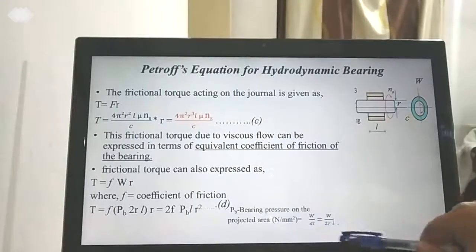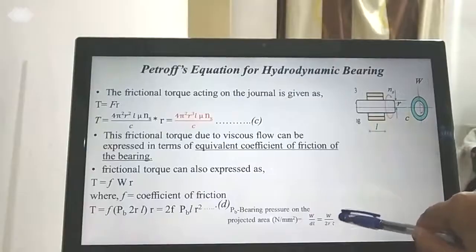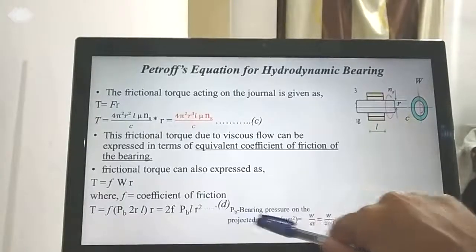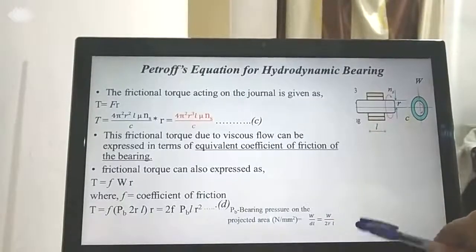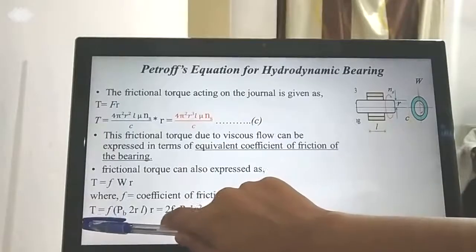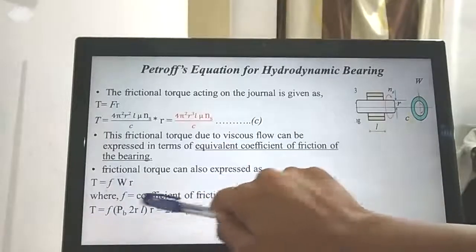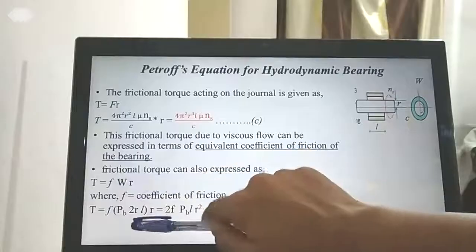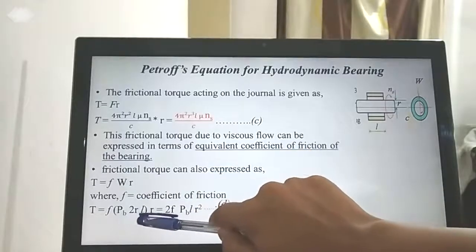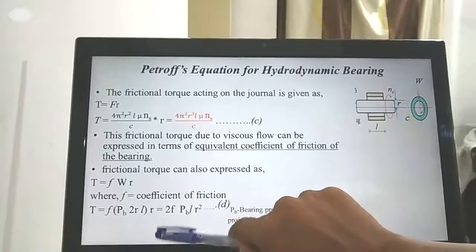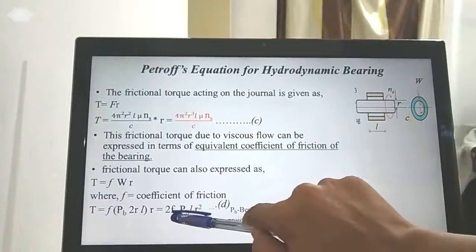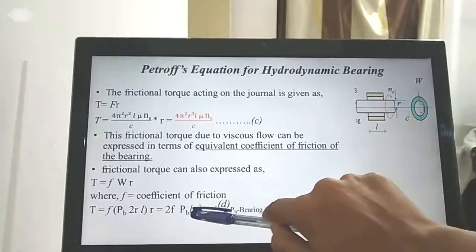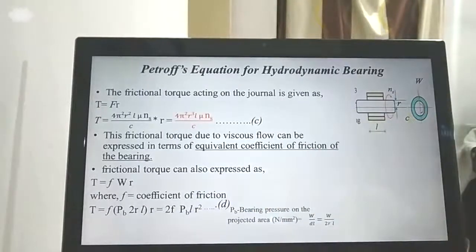After rearranging, W is equal to PB into 2RL. So T is equal to f into PB 2RL into R. What we get is 2 f PB L R square.